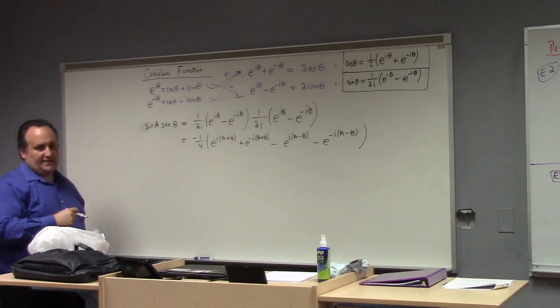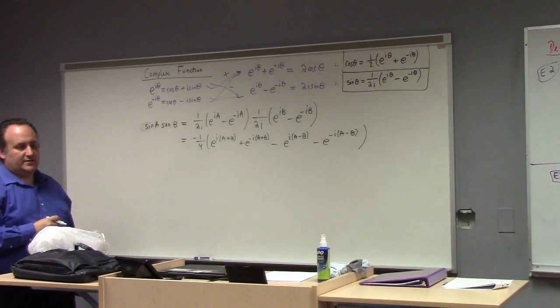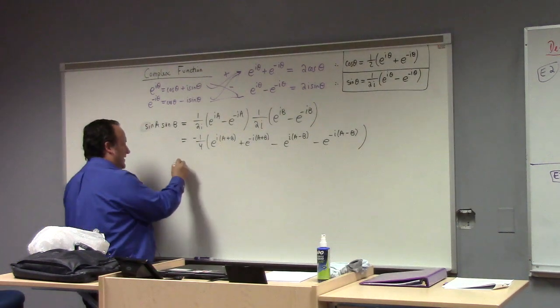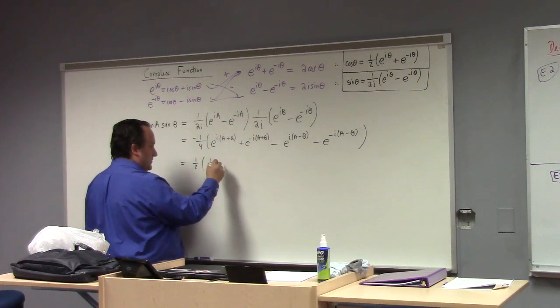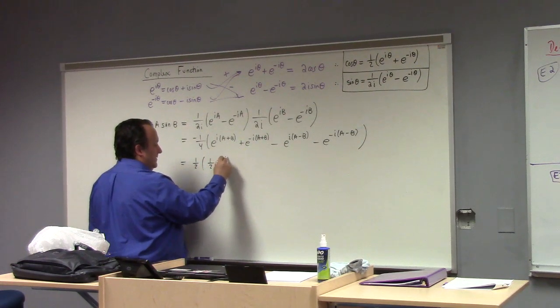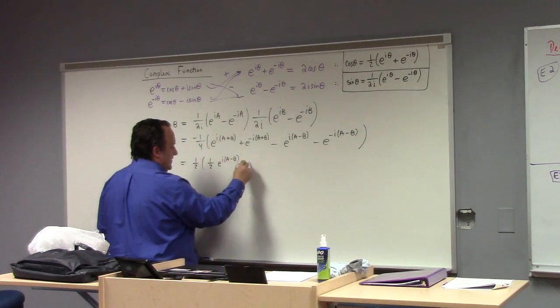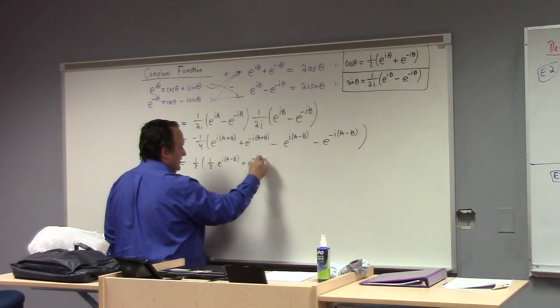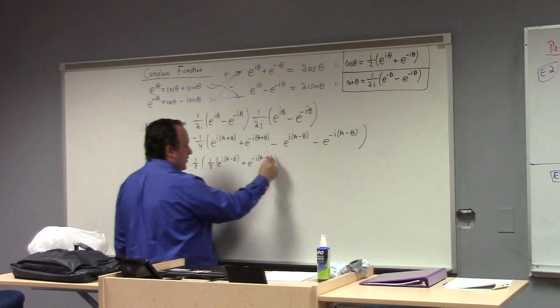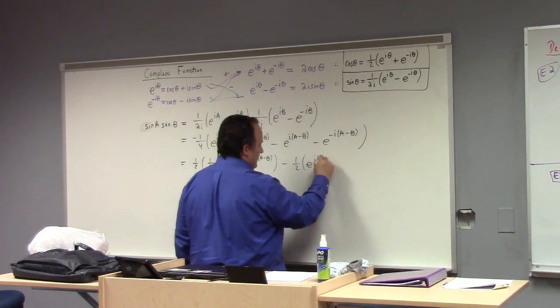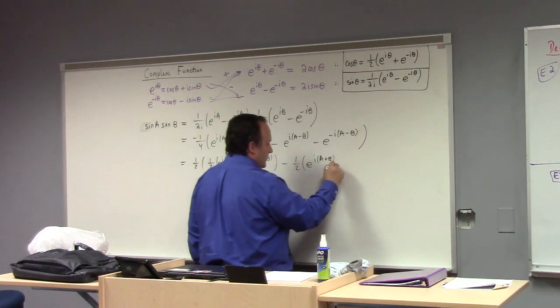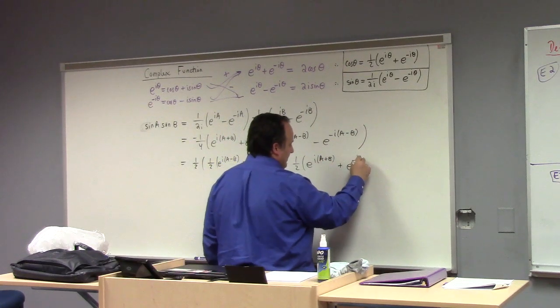I've got two A plus B terms and two A minus B terms, and I want to write them this way because then I can pull a half out, and then I've got 1/2 of (e to the i(A minus B) plus e to the minus i(A minus B)) minus 1/2 (e to the i(A plus B) plus e to the minus i(A plus B)).